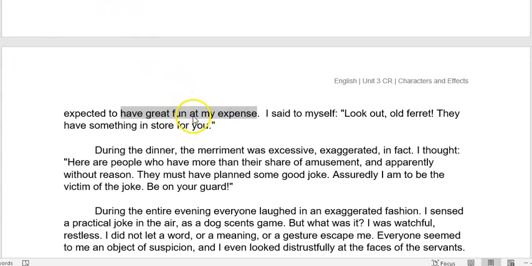So we know that is also talking about a practical joke, right? Now, he calls himself Old Ferret, which is kind of funny on its own, just because why would you call yourself Old Ferret? So when I read that the first time, it made me giggle.